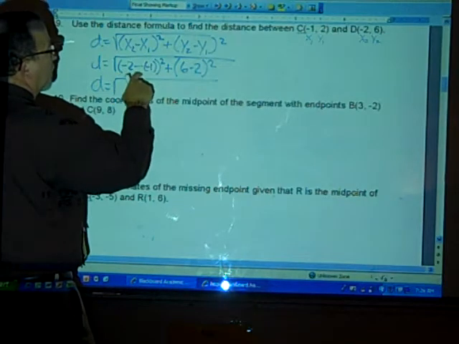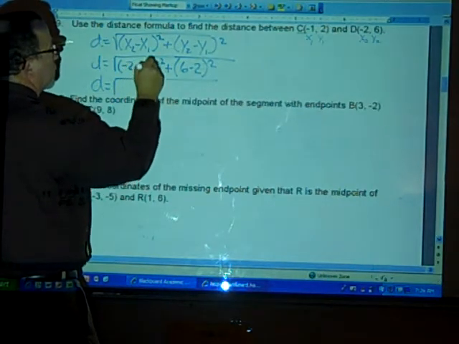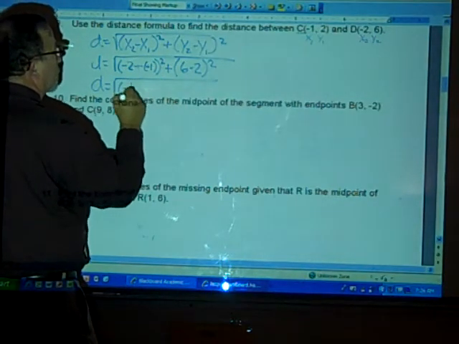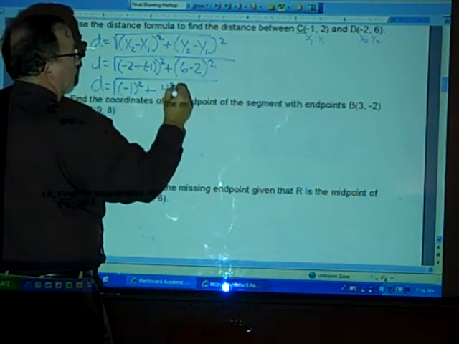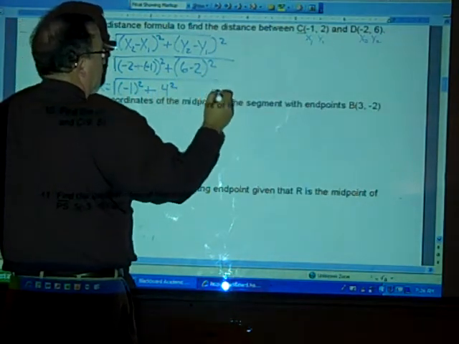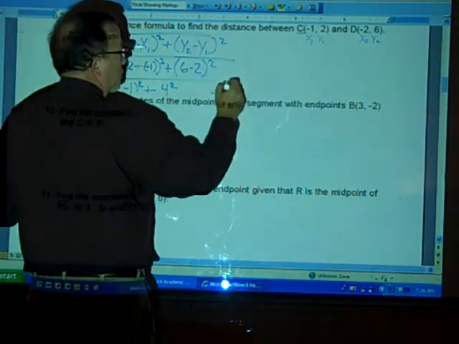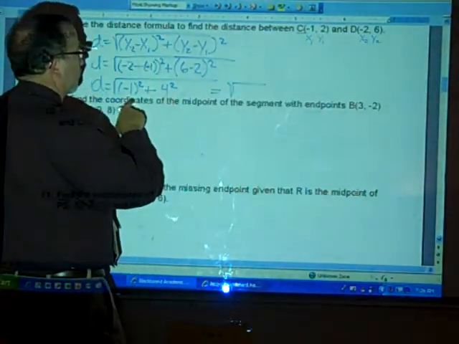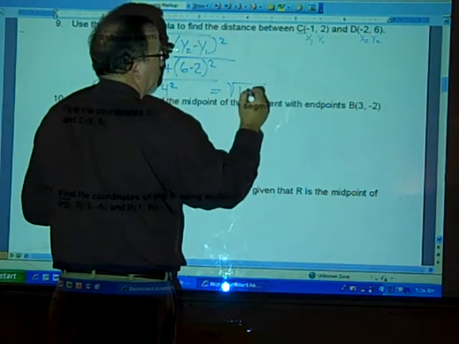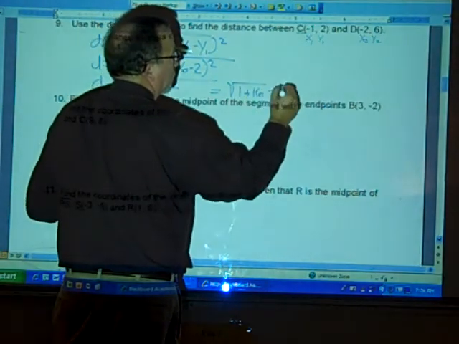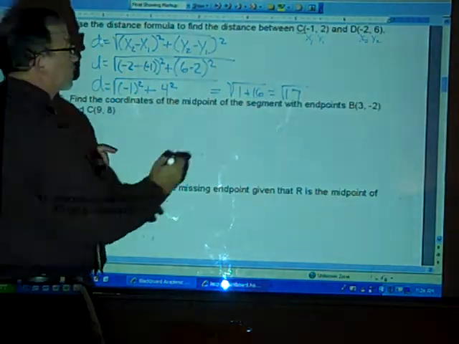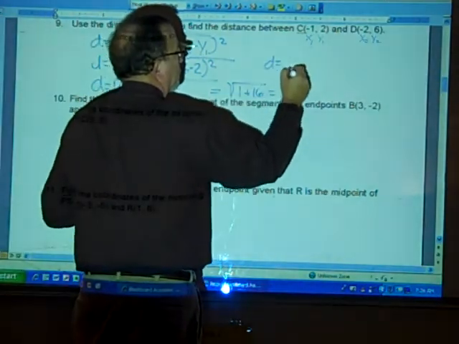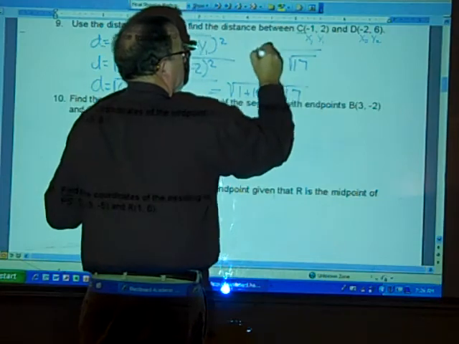So if we have -2 minus -1, it's -2 plus 1, which is -1 squared plus 4 squared. And that's going to equal the square root of 1 plus 16, which equals the square root of 17. There's nothing we can do with that, so d equals the square root of 17.